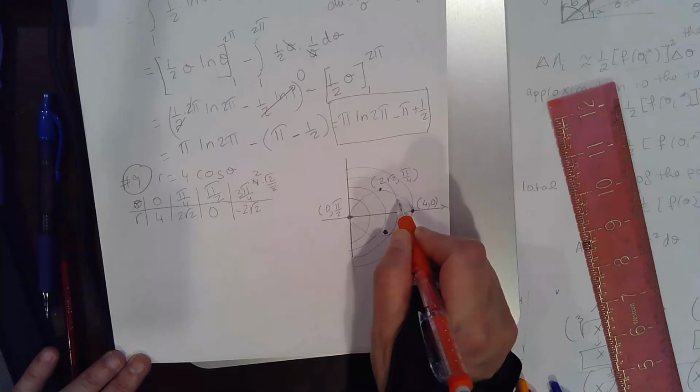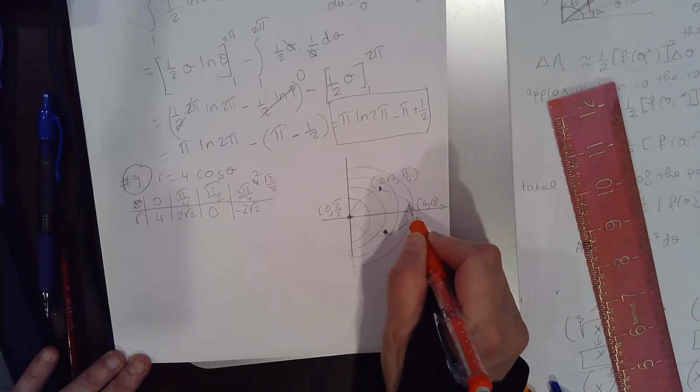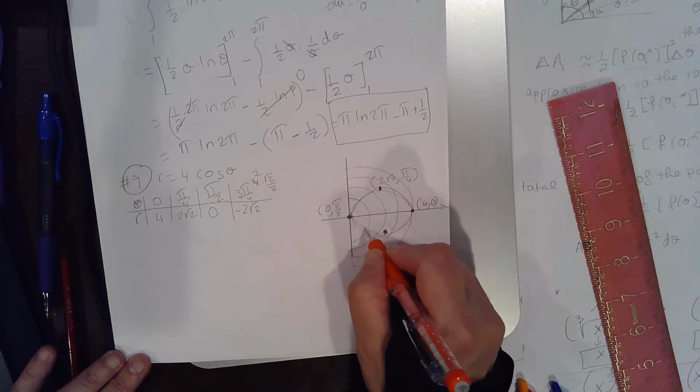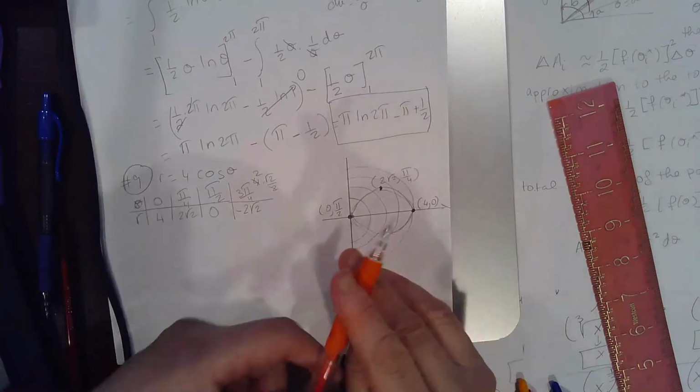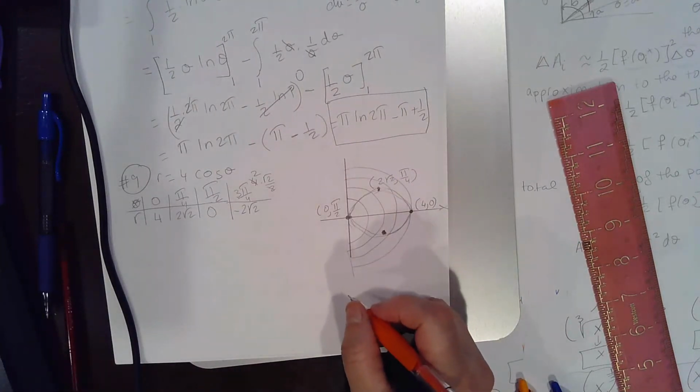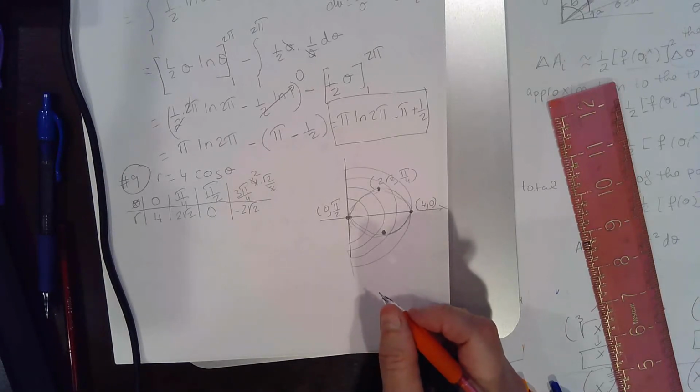So this is a circle, and we graphed it ourselves, unlike the ones that are given to us.